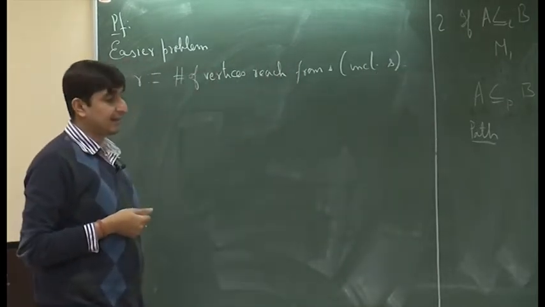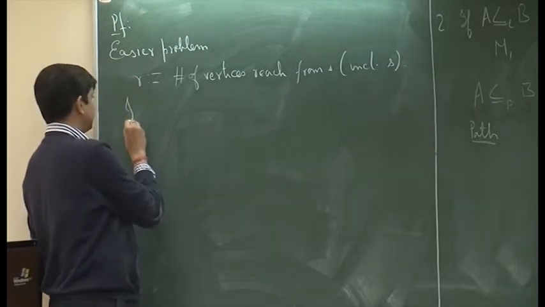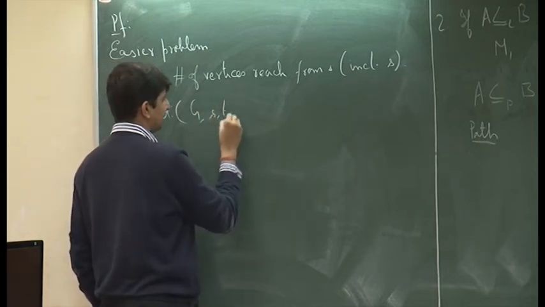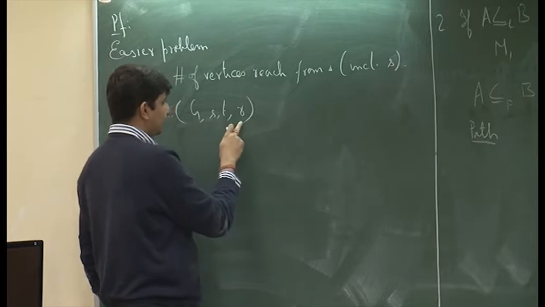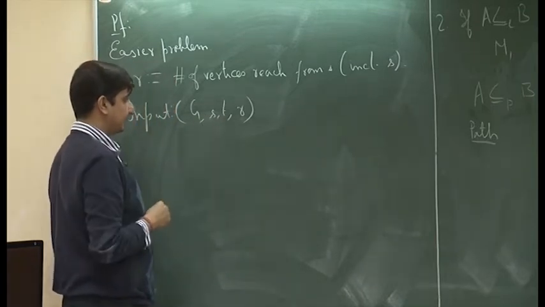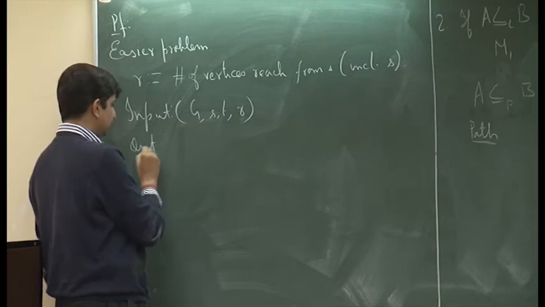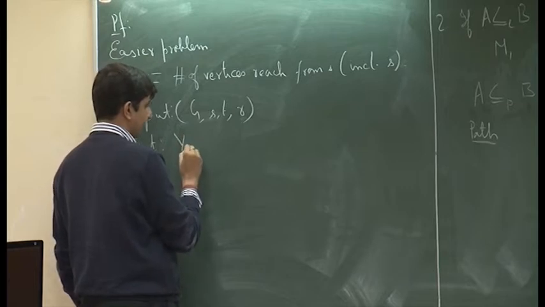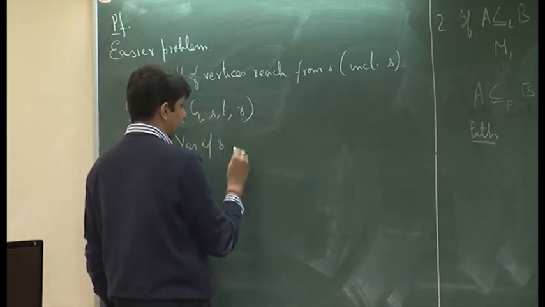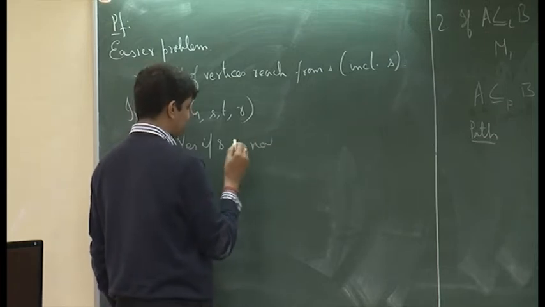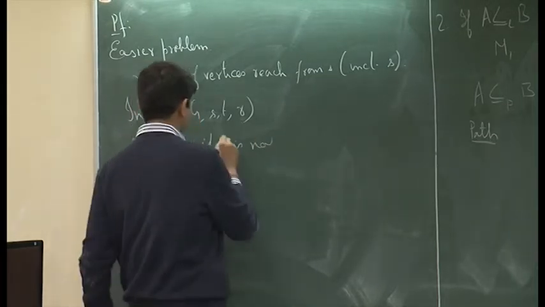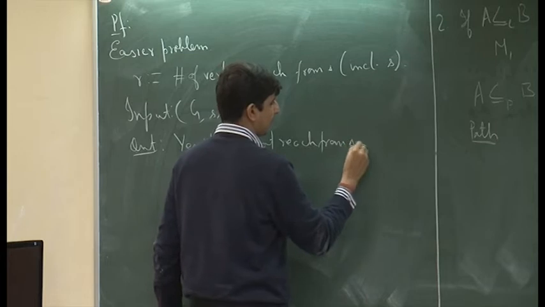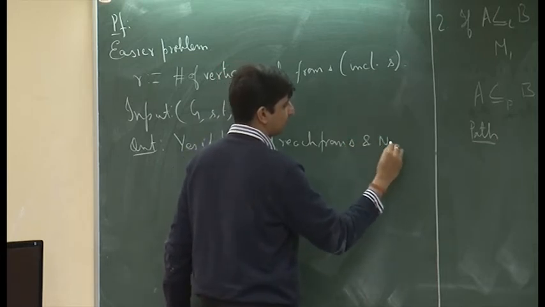So, can you now give me an NL algorithm? What you are given as an input is G, S, T, R, together with the promise that R is the number of vertices that are reachable from S, and what you have to output is yes if T is not reachable from S, and no otherwise.